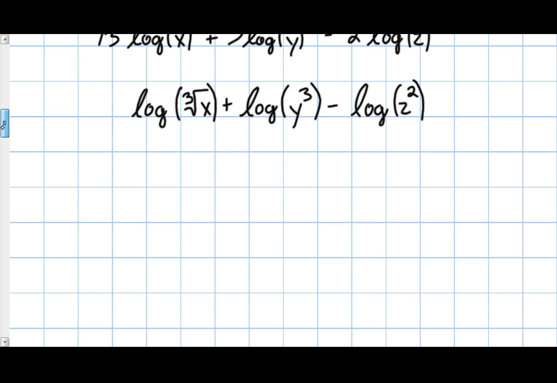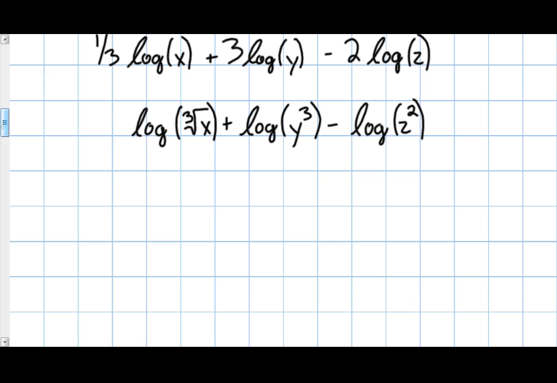Now I go backwards again with those other two rules. If I add them, that's the same as multiplication. If I subtract something, that's the same as division. So I'm going to have the log of cubed root of x. Now I'm adding the log of y cubed, so I'm going to multiply them.